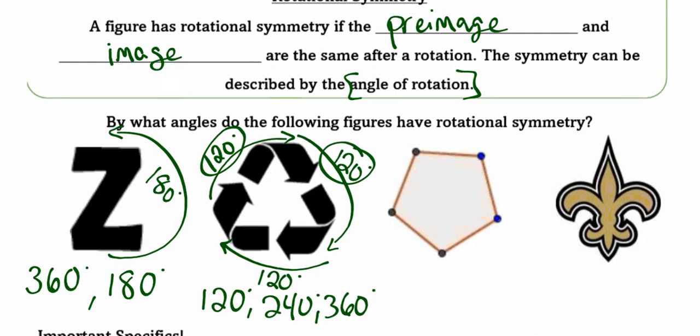Regular shapes always have this same kind of formula, just like they do with lines of reflections. Going from there to there, then from there to there. You're going to be able to do this 5 times because it has 5 sides and 5 vertices. So we're really just going to divide 360 by the number of vertices or sides that it has. So each of these is going to be 72 degrees.